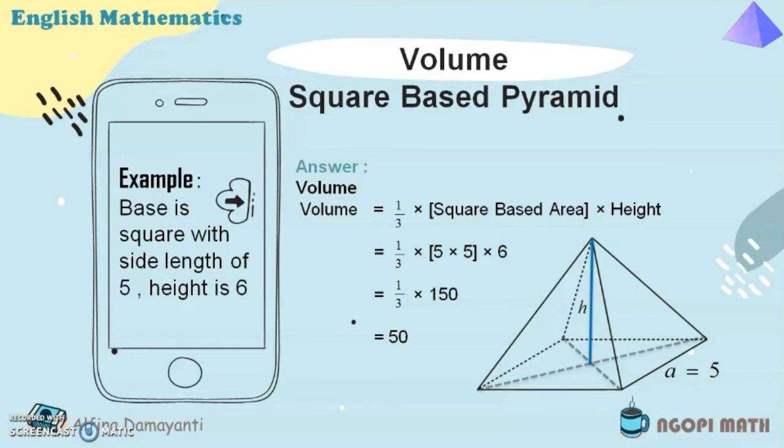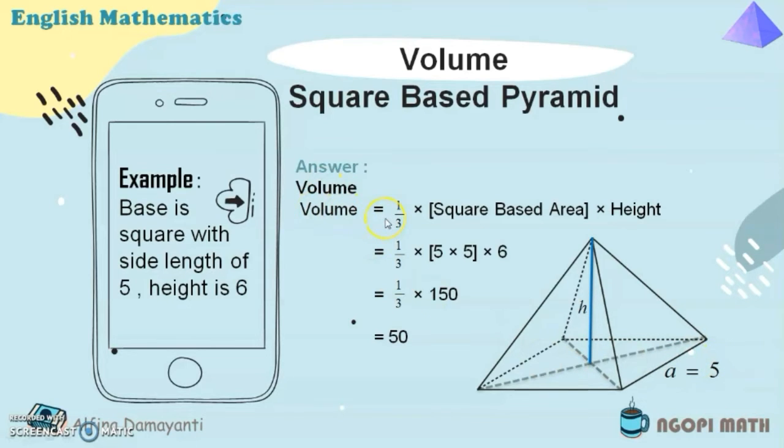This is an example of volume of a square base pyramid. Base is square with side length of 5 and height 6. Here h is 6 and A, the side length, is 5.